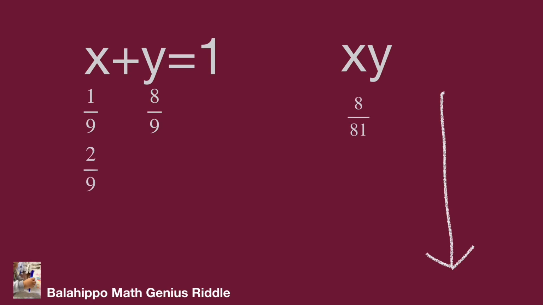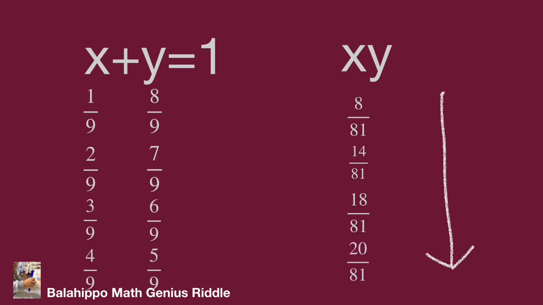Increase the x value to 2/9, y equals 7/9, then x times y equals 14/81. x equals 3/9, y equals 6/9, xy equals 18/81. x equals 4/9, y equals 5/9, xy equals 20/81.